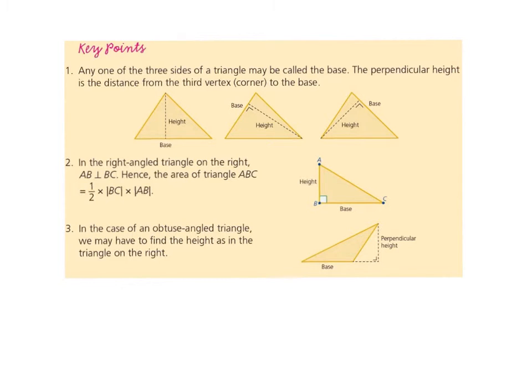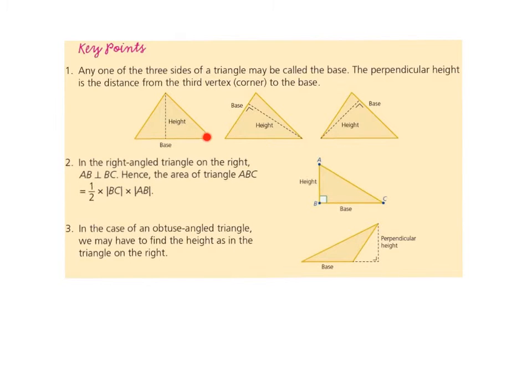When looking at the triangles, we have a few key points we need to talk about, okay? So first of all, when we have a triangle, we have three bases, okay? So any sides might be a base, doesn't matter, okay? Any of them might be called the base. And then we need to find the perpendicular height.